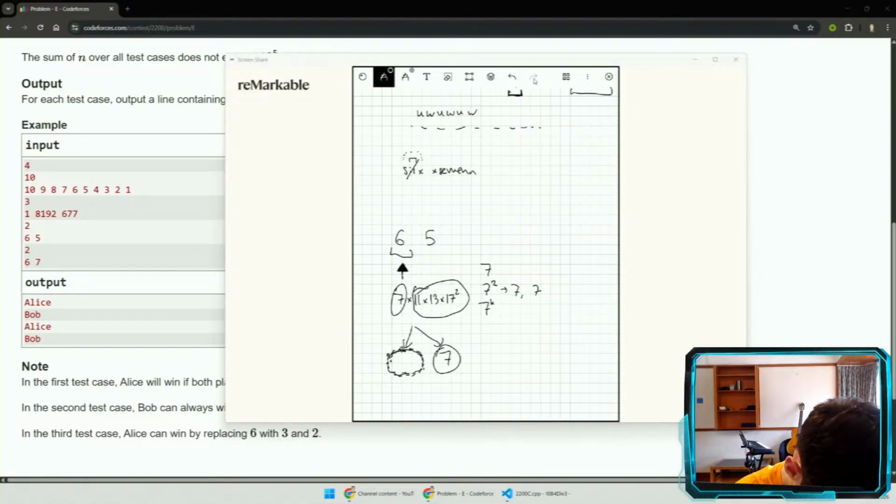Take the smallest prime out to the right. And then whatever Bob does, this thing will always be bigger than the thing to its right. So Alice can win in that case. So if the game isn't immediately over, then if there is a number like this, then Alice just wins.